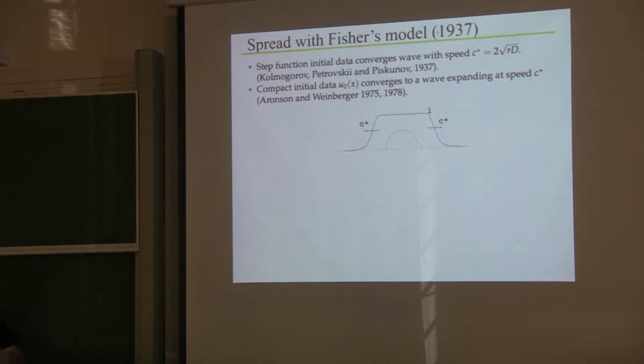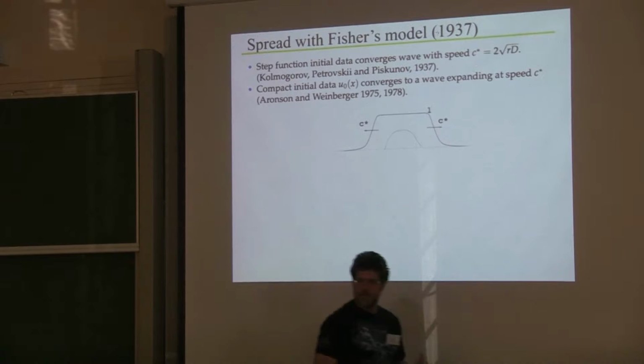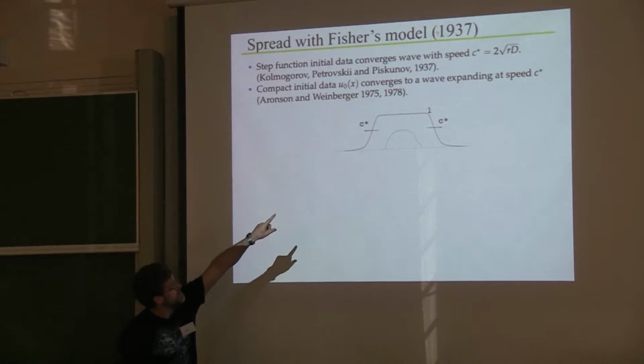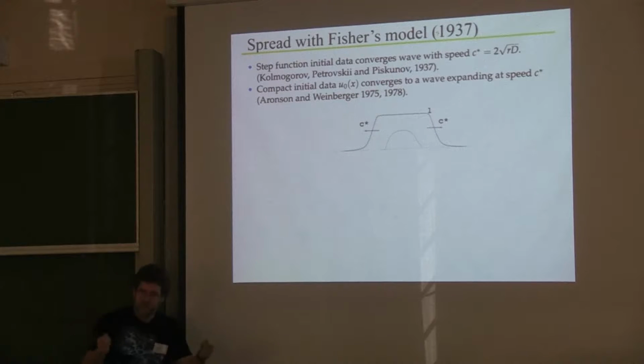If you start with an initial population that's invaded over here, okay, and it's uninvaded over here, and then there's some kind of transition in between, that eventually this thing would start spreading at a speed, and that speed was given by c star, which is 2 times the square root of the growth rate times the diffusion coefficient. And that's kind of interesting.